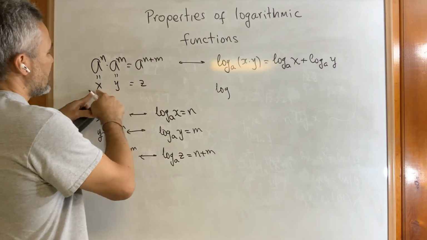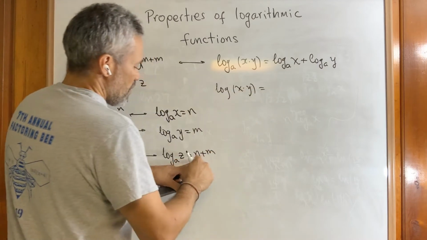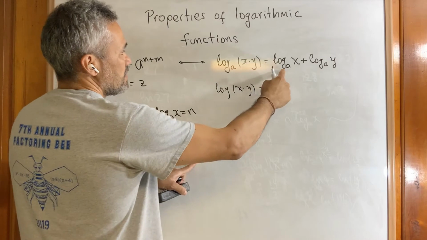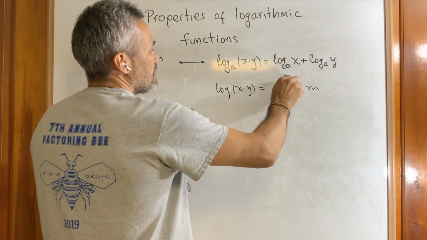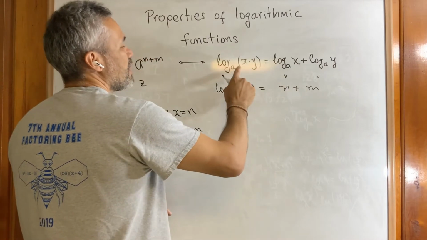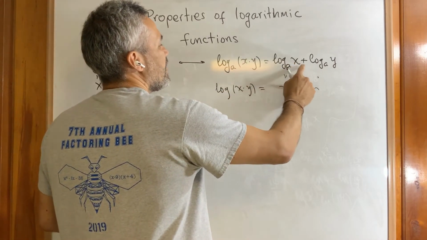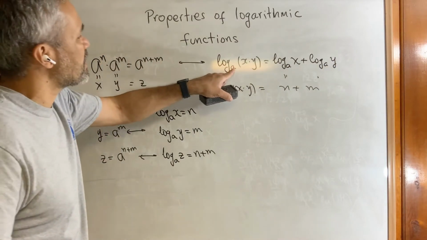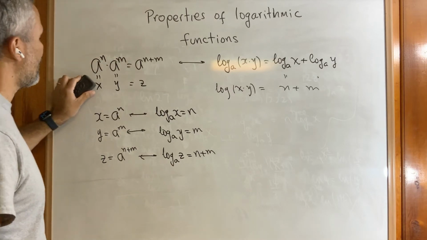Notice that c is x times y, and this is equal to n plus m. But this is n, and this is m, right? Then we have the log in base a of x times y is log in base a of x plus log in base a of y. And this property is essentially rewriting this property that we are very familiar with.